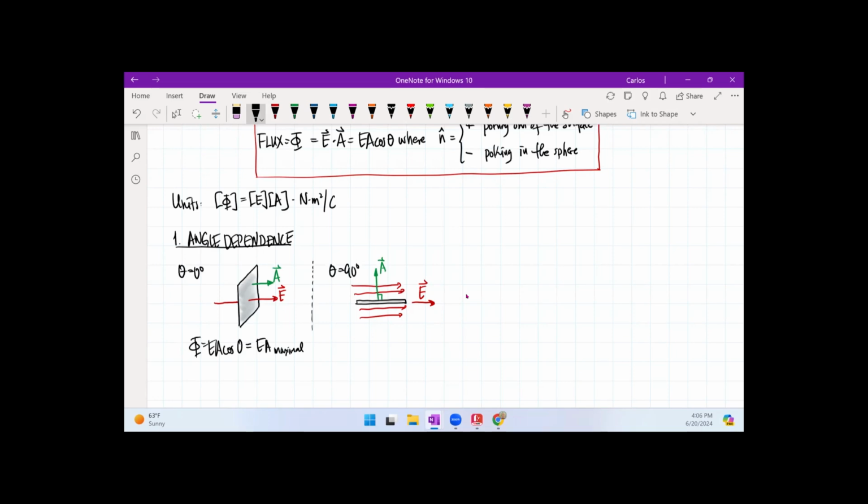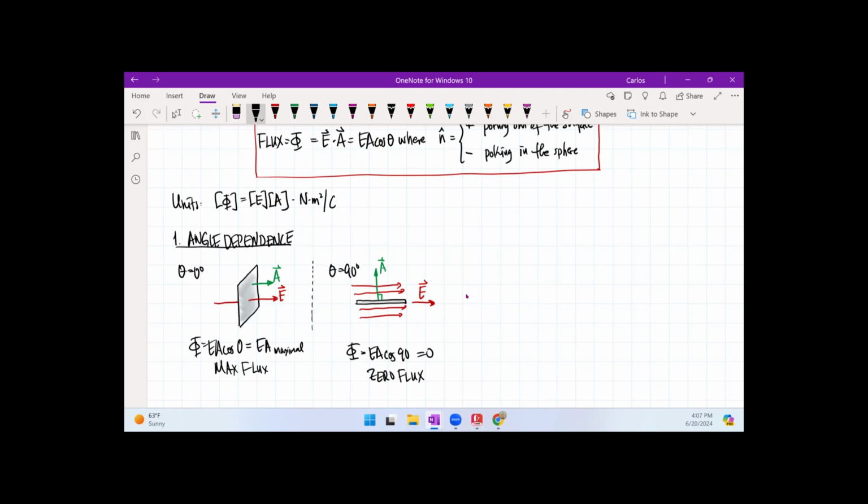Maximal exposure, if we want to say. So this gives max flux. Now, in here, the flux is going to be EA cosine of 90, but we all know that cosine of 90 is 0, so this becomes a 0 flux.